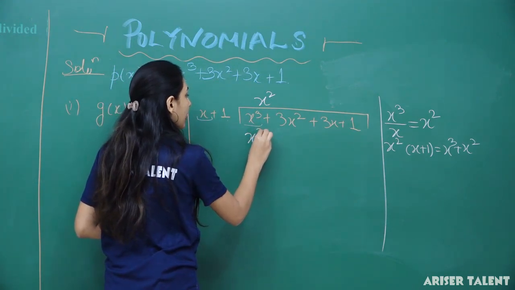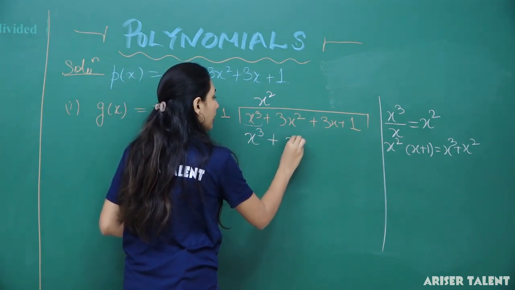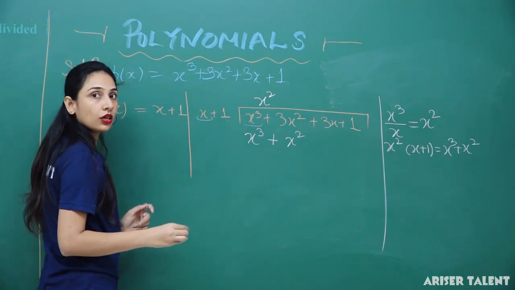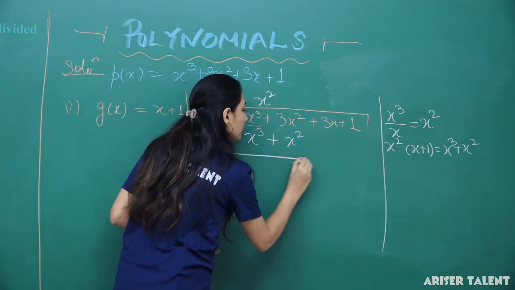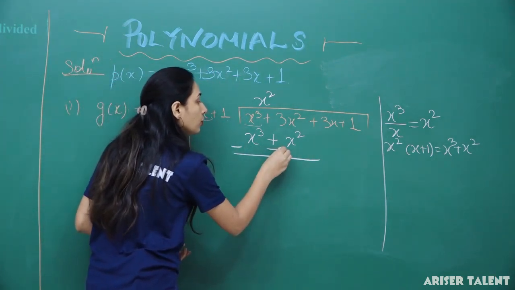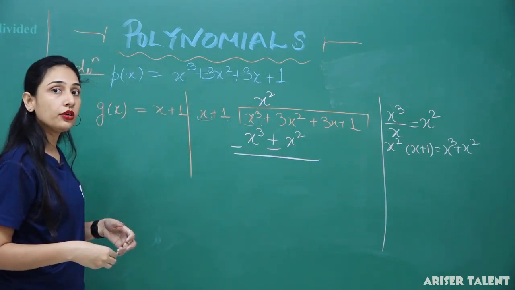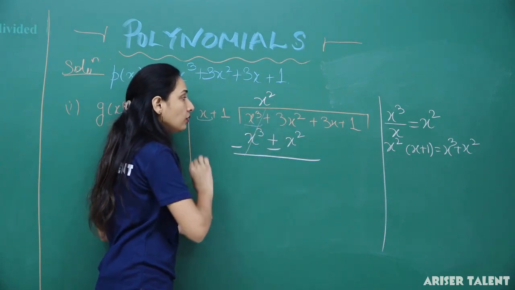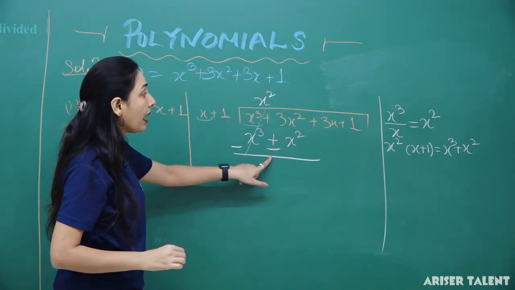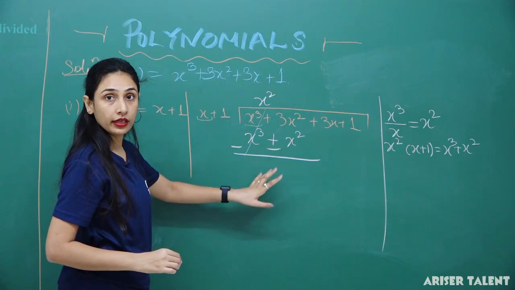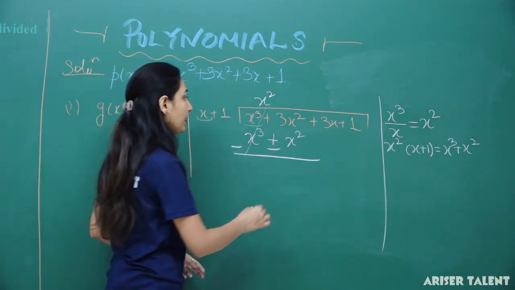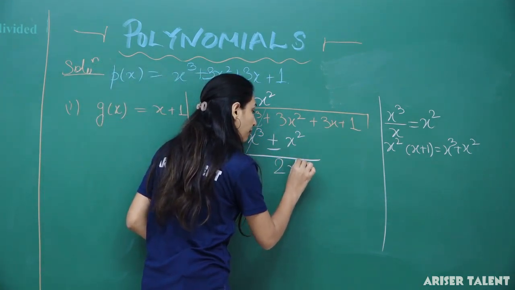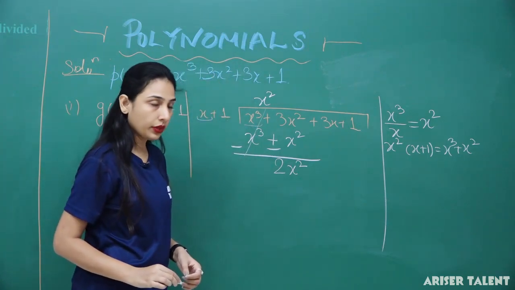So that will be x cube plus x square. Simple process: again you have to change the sign in order to subtract this from the upper one, so that will cancel out. Now 3x square minus x square will give you 2x square.